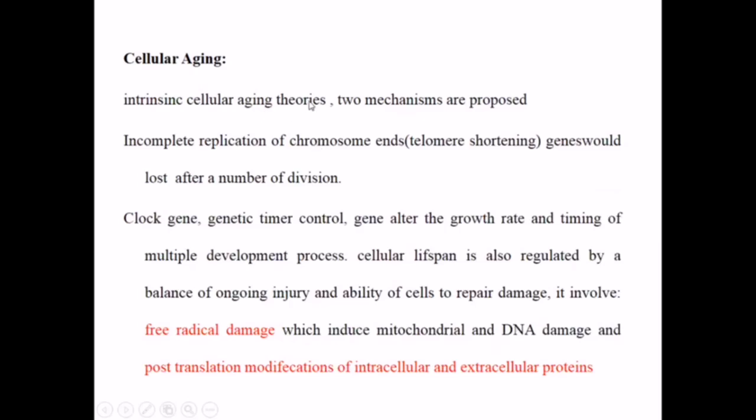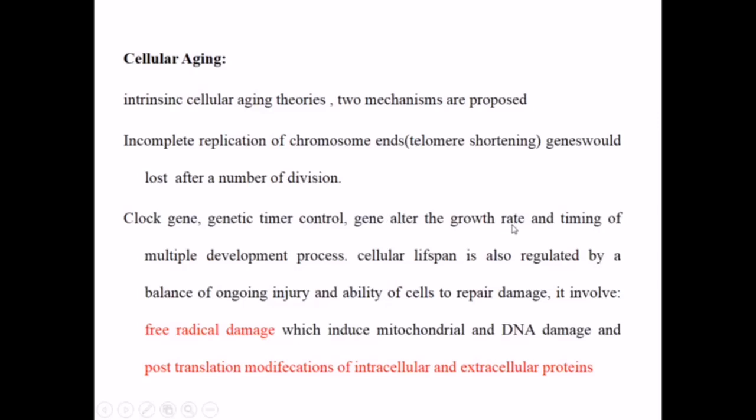The intrinsic cellular aging theory has two mechanisms. Incomplete replication of chromosome ends, so genetic material would be lost after a number of divisions. Another is the clock gene, a genetic timer control.